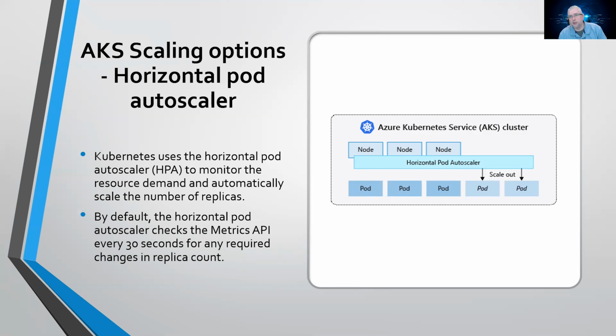Now, you have to make sure that you're running the right version of the cluster for this. But unless you're running a very old version, you should be fine. The horizontal pod autoscaler works with clusters that have deployed the metrics server on Kubernetes 1.8 or better. The last one I saw was like 1.18.